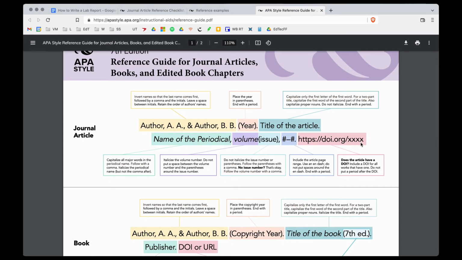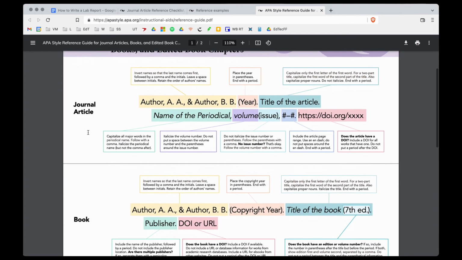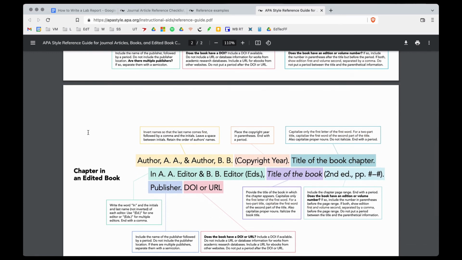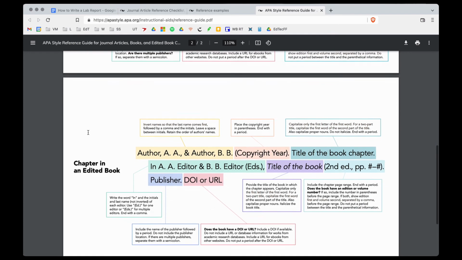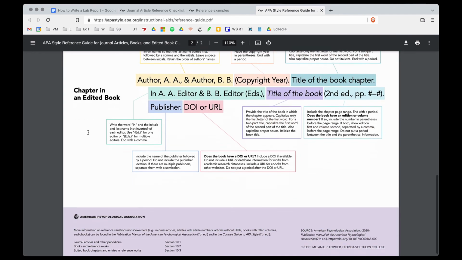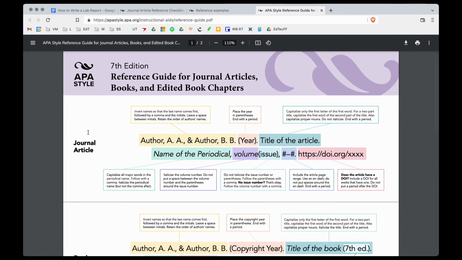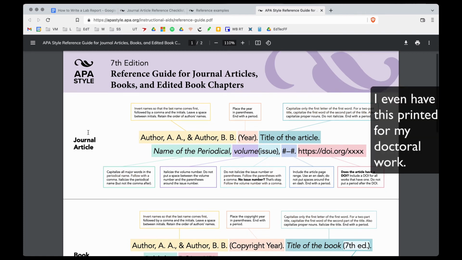This is a cheat sheet on how to use journal articles, which you're going to be using, books, chapters in an edited book, so like a textbook, if you just want to pick a specific chapter. So these 3 are the most common that you're likely going to use. What you need to do is print this out and have it with you. Let's go ahead and take a look at this.